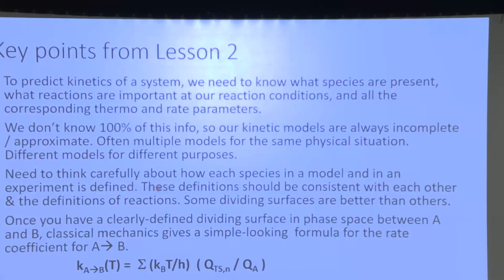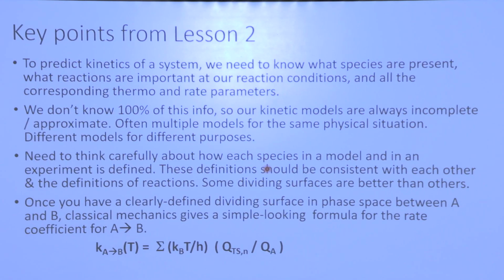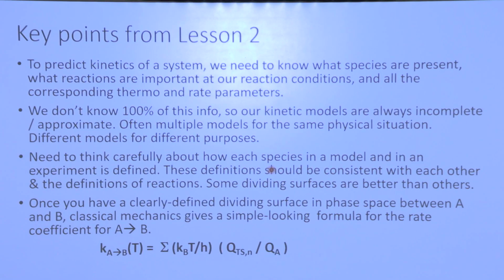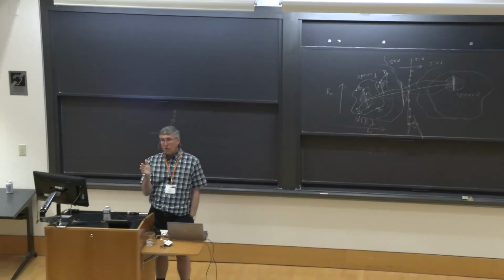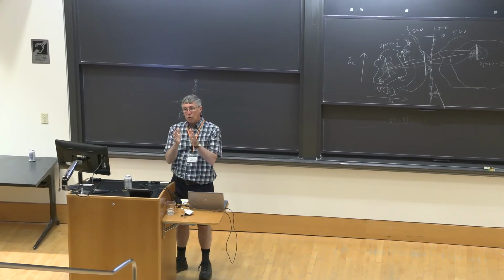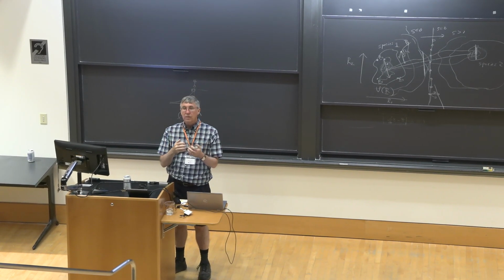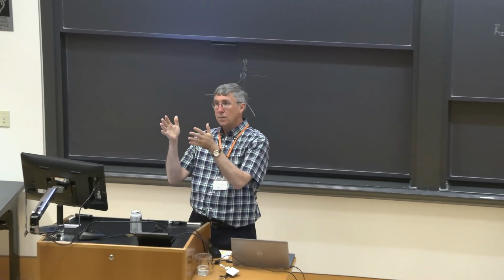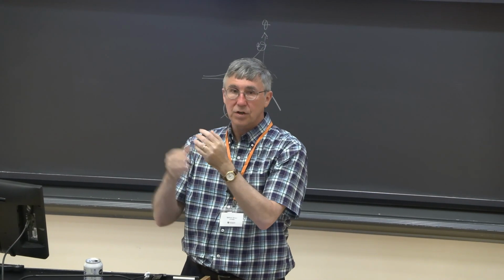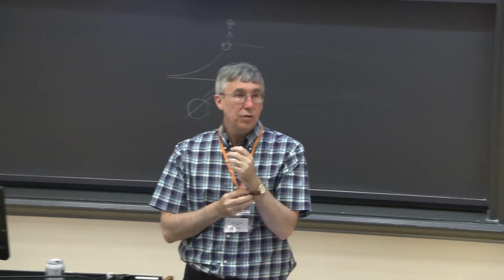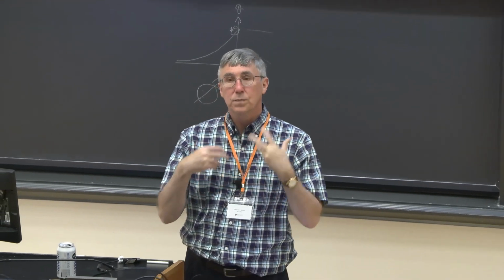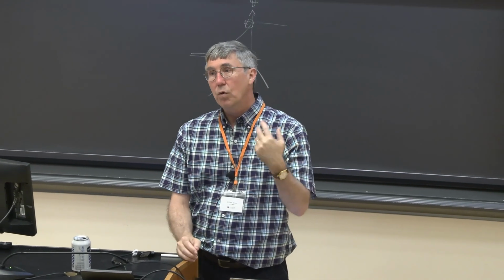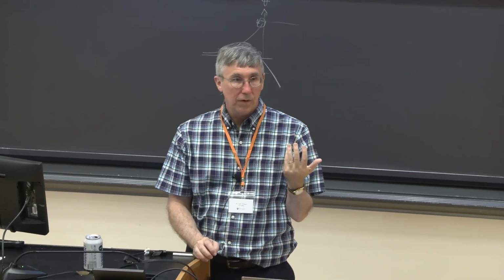You need to think carefully about how you define the species in your model. Ideally, you'd like a clear way to go from the species in your computer model to the definitions of the observable stuff that you're going to really measure. You need to be able to explain that very clearly, because your model might be used by some experimentalist, and they want to be able to check if your model is true or false.